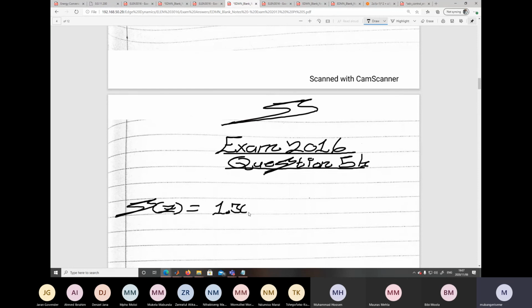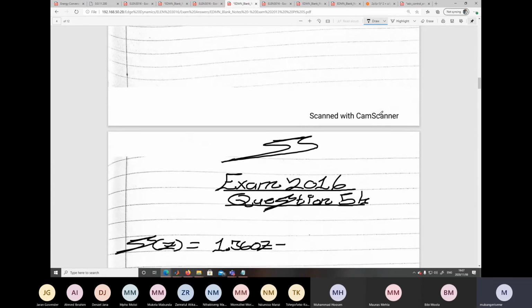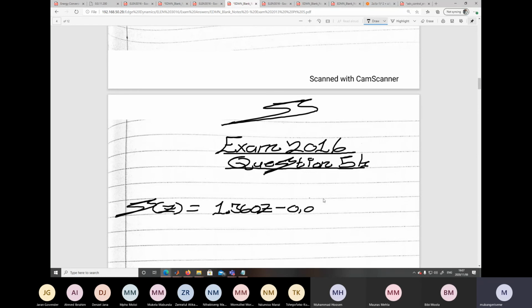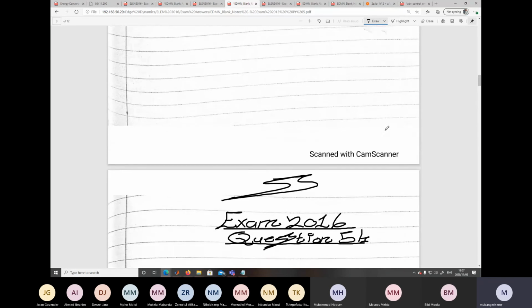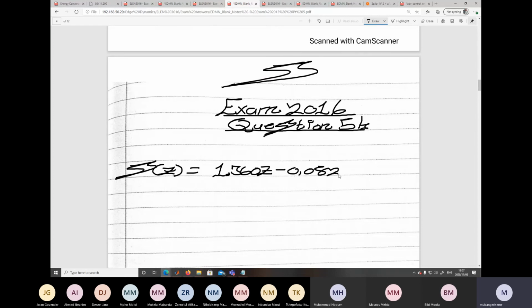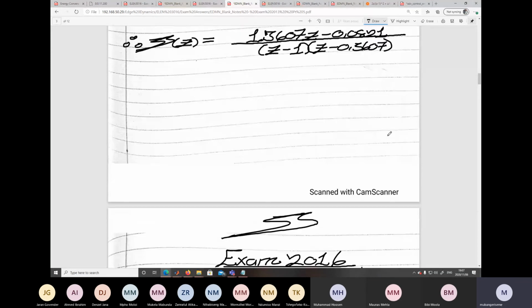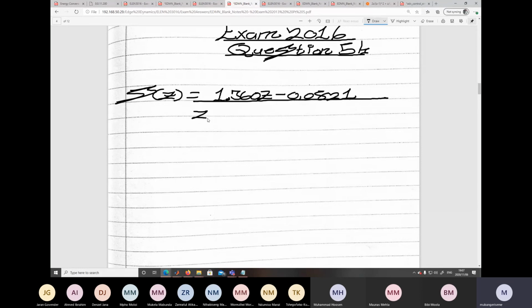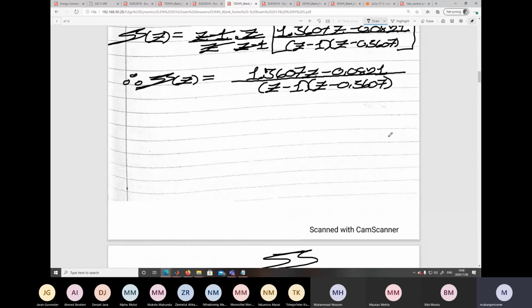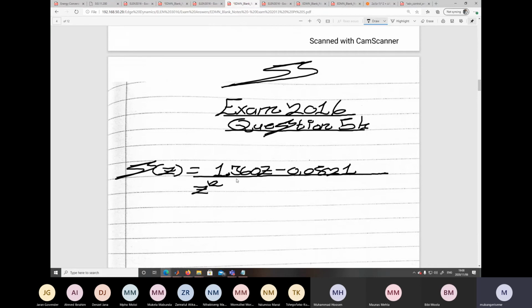So this is 1.360 Z minus 0.0821, all over Z squared minus 1.3607 plus 0.3607.